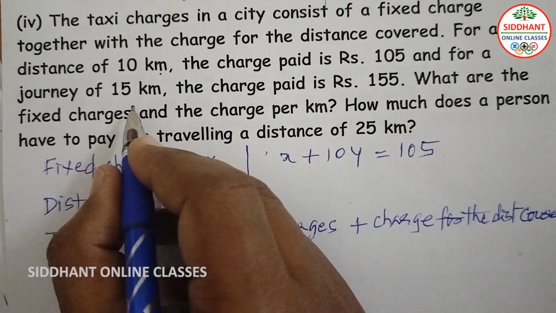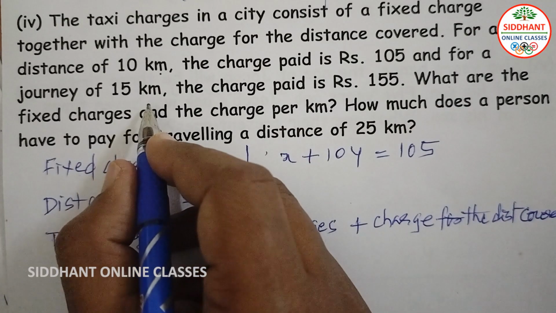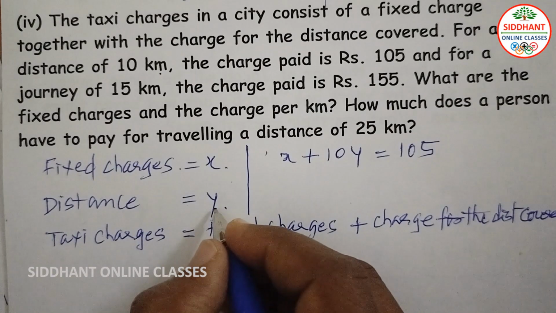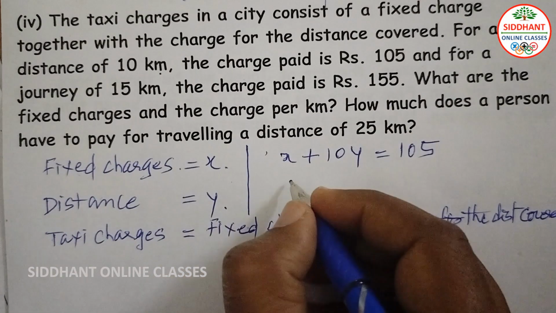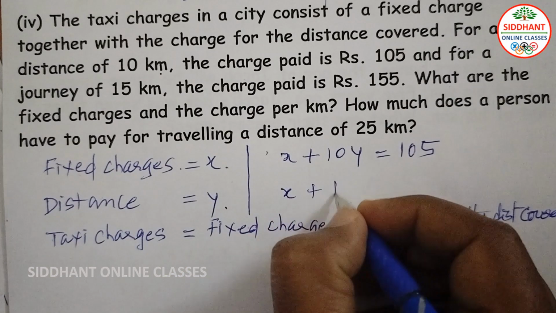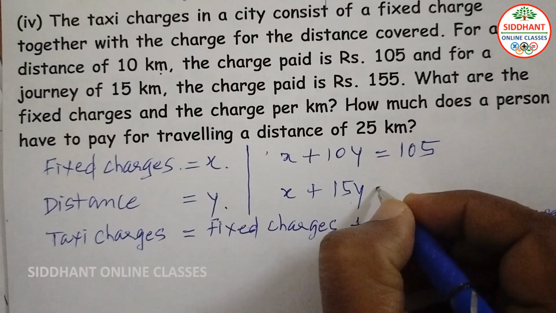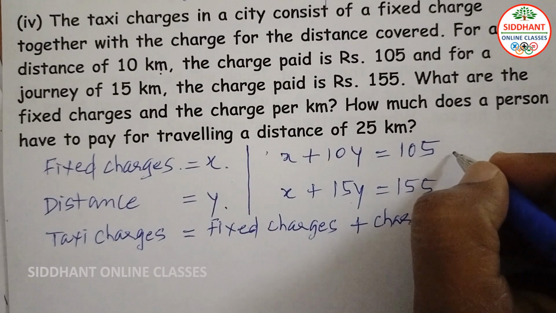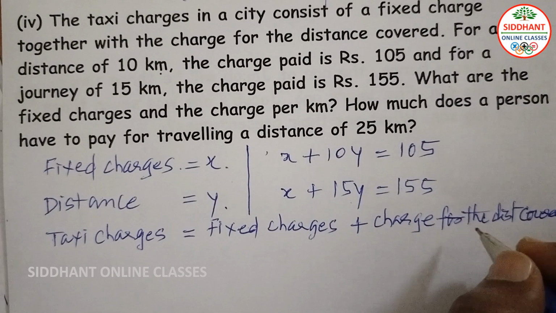Now second case, for a distance of 15 kilometers, the charge is 155. Now 15 kilometers distance means 15y, and already fixed charge will be there. That means x plus 15y equals 155. So these are the two equations.